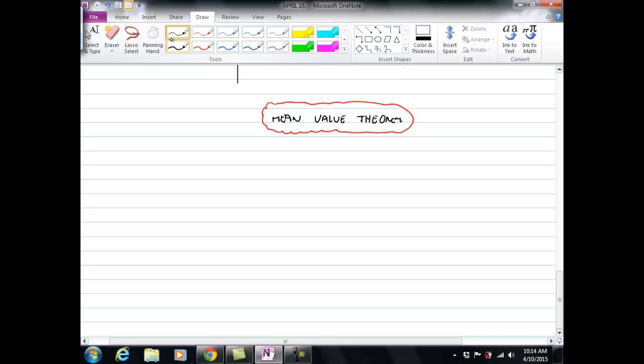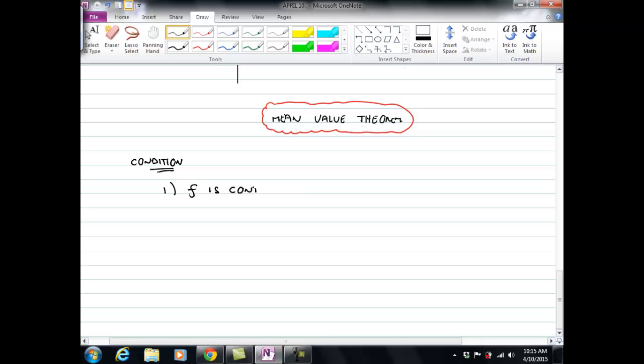Okay, here's what the mean value theorem states. Again, conditions. In order for you to have a mean value theorem, you need to have these conditions met. If these conditions are not met, you cannot apply the mean value theorem. 1. The mean value theorem is actually built on Rolle's theorem. It says f is continuous.